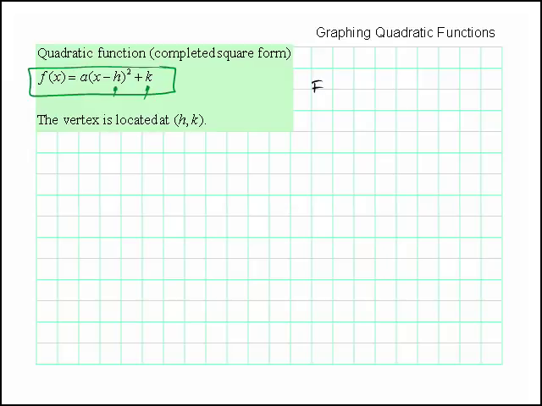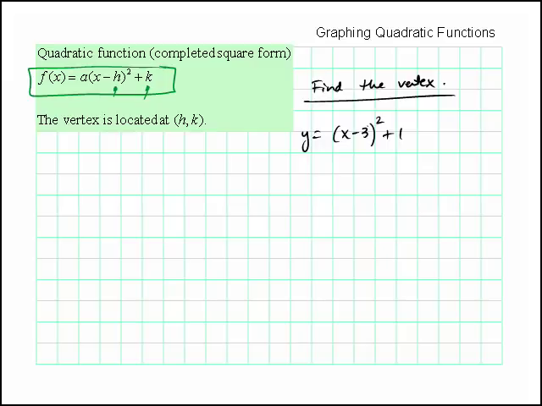Here are some examples. Find the vertex. y equals (x minus 3) squared plus 1.